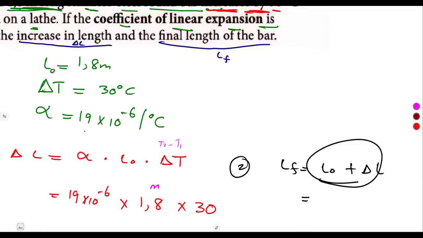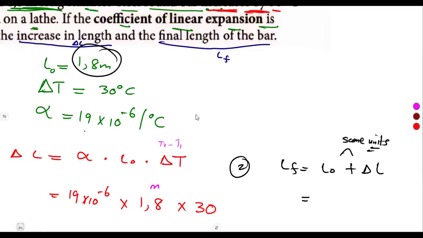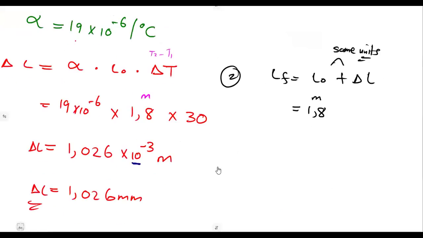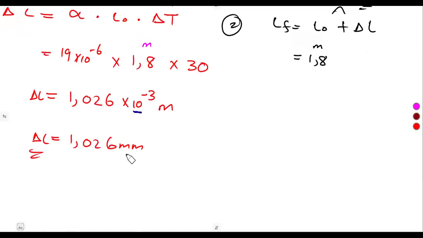These to be added must be under the same units. If you're using meters, let it be meters. If you're using centimeters or millimeters, let it be under the same units. So the original length is in meters, 1,8 in meters. So I must use the change in length, or that increase in length, in meters also.